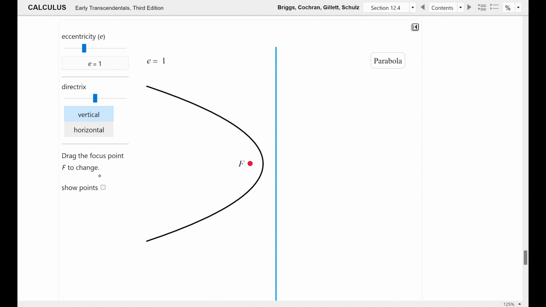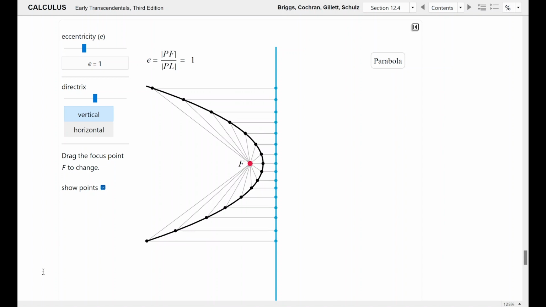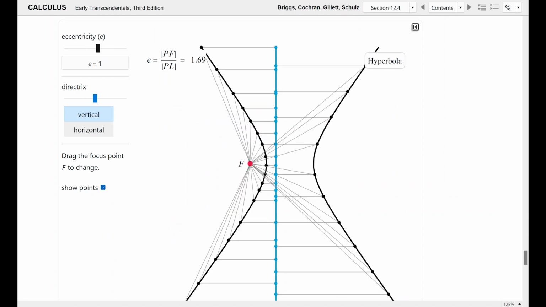So we'll have this point F, the focus. And you could see that the ratio there, between the distance from the points on the parabola to F and to the directrix, is that constant 1. Well, let's play around with the eccentricity. If we go greater than 1, we expect to have a hyperbola, and we do.